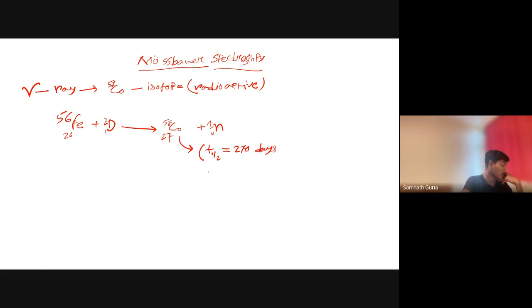Then this cobalt 57 captures one electron from the surroundings, electron capture.